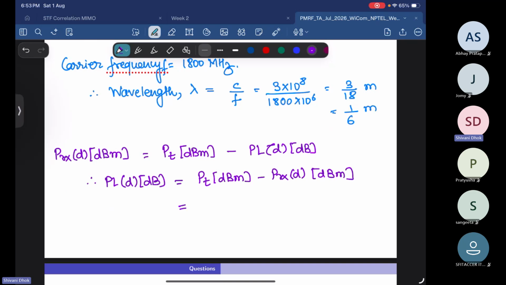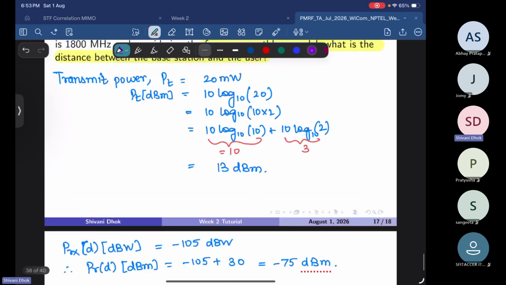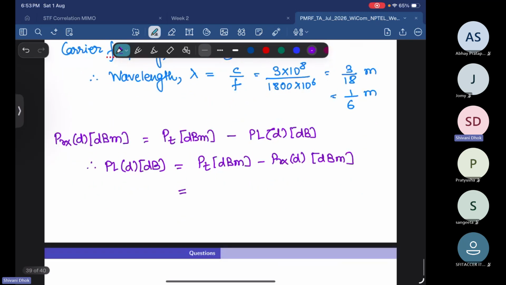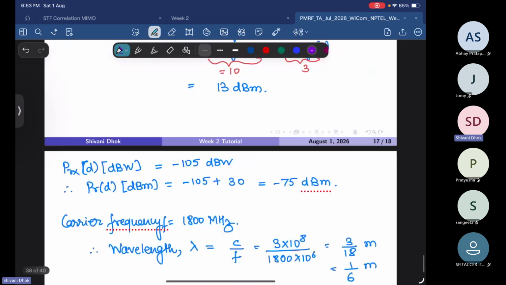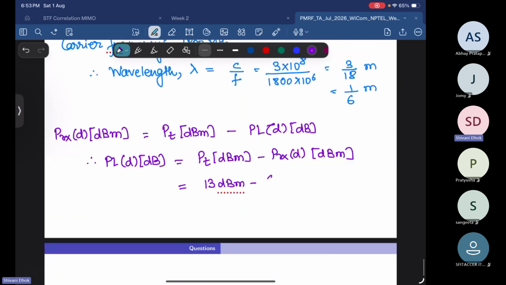So the transmit power is 13 dBm minus the received power at distance d, which is minus 75 dBm. So this is equal to 88 dB. Okay. So this is the first thing that we have.